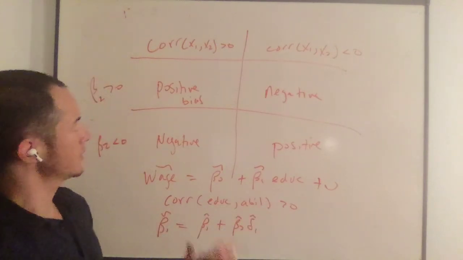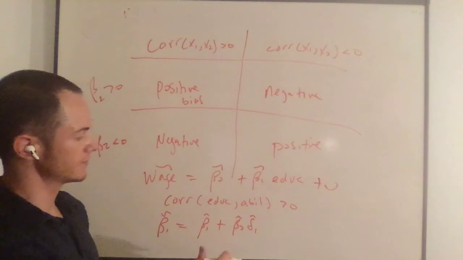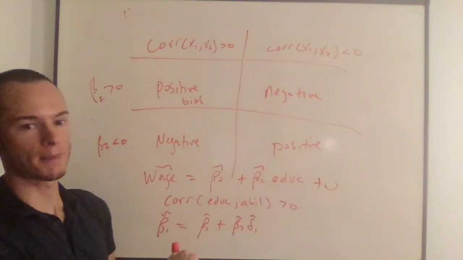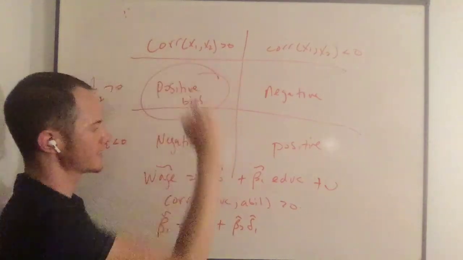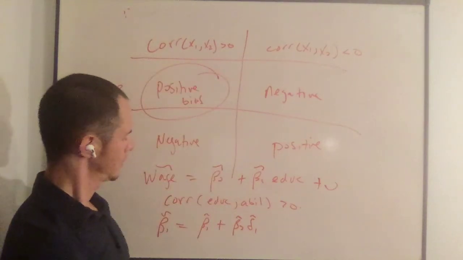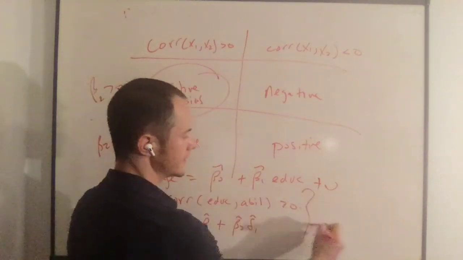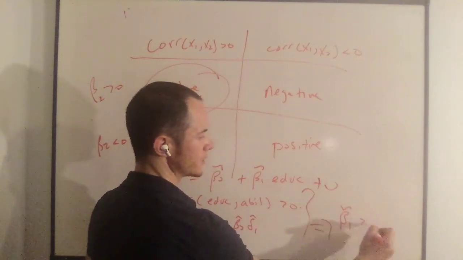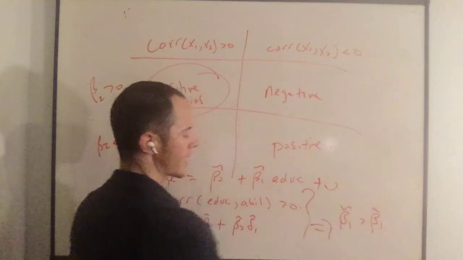And because the correlation is positive and the coefficient on beta 2 is positive, we're going to have positive bias. So this implies that beta 1 tilde is going to be greater than beta 1 hat.